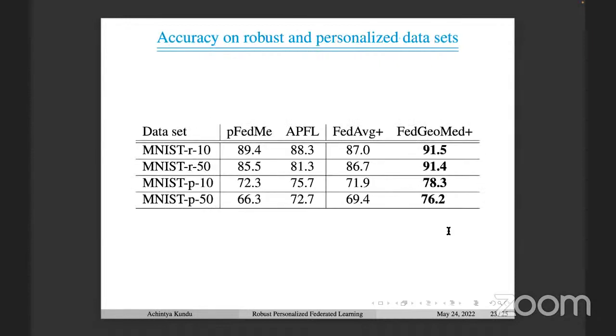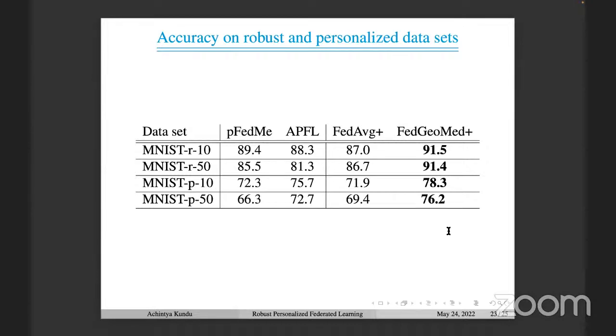So the setup here is we have the MNIST data set, and it is partitioned into a number of clients, whether it is 10 or 50. For each of these clients, you keep the data set as it is, and for certain clients, you actually do an inversion: for each pixel, the white pixels become black and black pixels become white. So you take the negative of the image. So certain clients have this adversarial data set now.